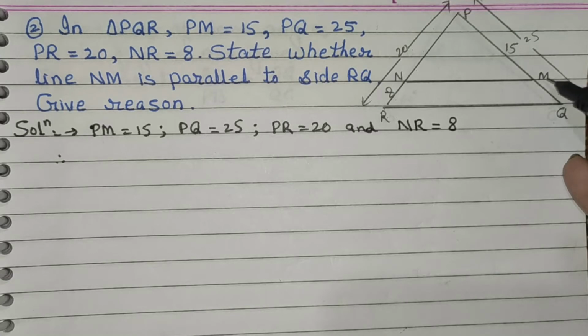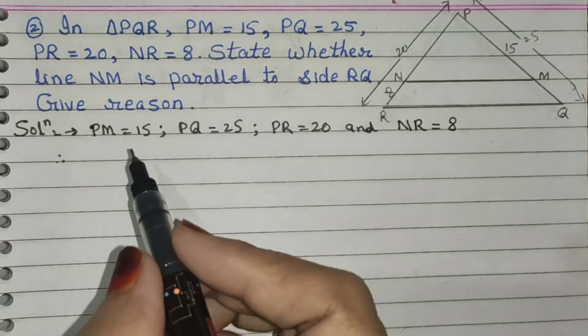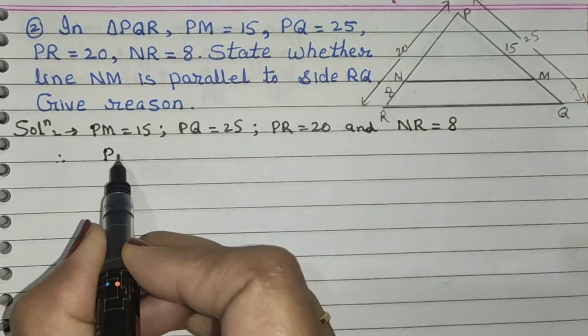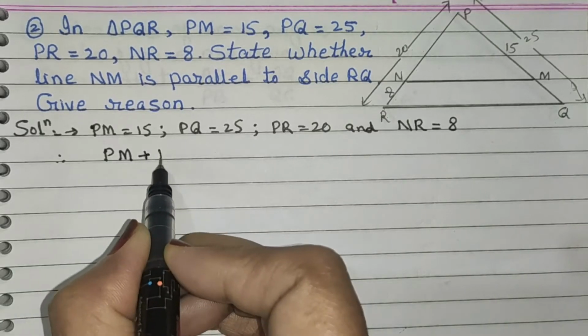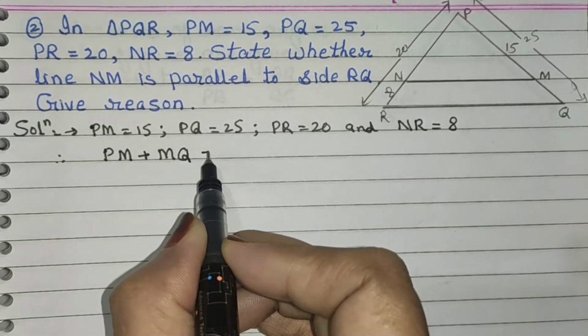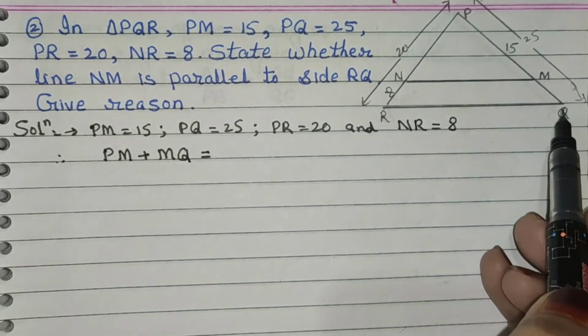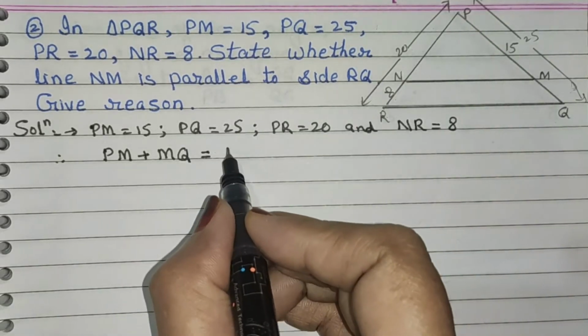Now find out the value of MQ. Therefore we can write here PM plus MQ is equal to PQ.